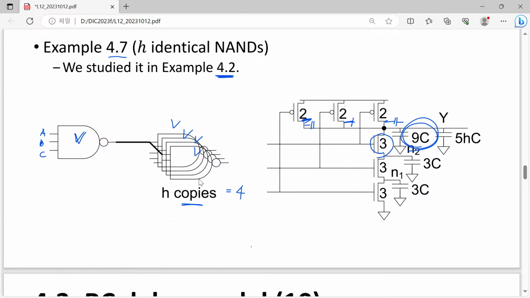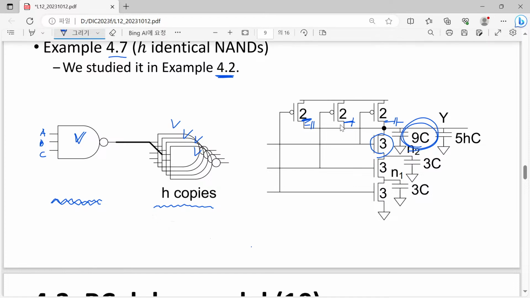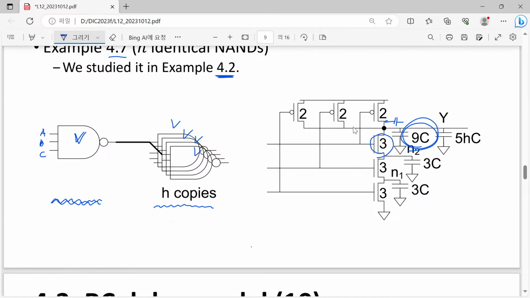Okay, anyway, let's come back to our original discussion. We are now considering the NAND gate whose loads are identical H inverters. Sorry about that, I continuously make mistakes.